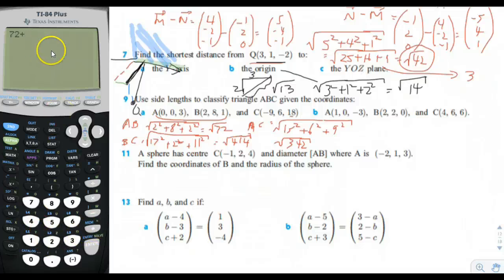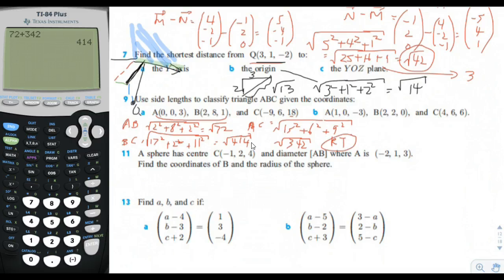Then I'll square the square root of 342, I'll get 342. I'll add them together. Hey, what do you know? 414. So this squared plus this squared equals this squared, that is the Pythagorean theorem, which means that AB and BC are at right angles to each other. This is a right triangle. Okay, so it's a right triangle.